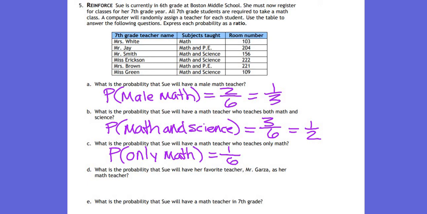What is the probability that Sue will have her favorite teacher, Mr. Garza, as her math teacher? Impossible. So we're looking for the probability of Mr. Garza, and the chances of that happening are 0 out of 6, which would be impossible.